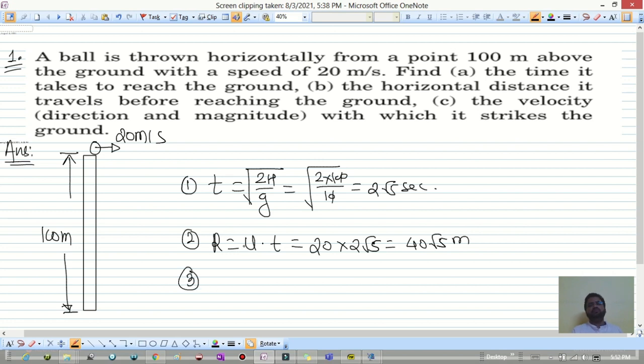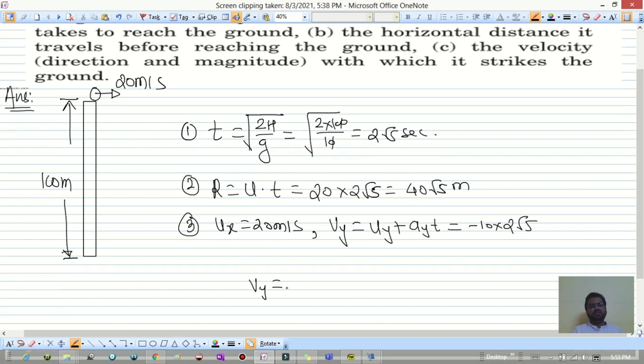And third one, we have the velocity with which it strikes the ground. Okay. So horizontal velocity will not change, but the vertical velocity will change. So for that, horizontal velocity we have is 20 meter per second. It will not change, but the vertical velocity in the y direction is initial vertical velocity plus ay into t, which is equal to uy 0, so minus 10 into time t we have is 2 root 5, and as you can see over here, the velocity in the y direction is minus 20 root 5.